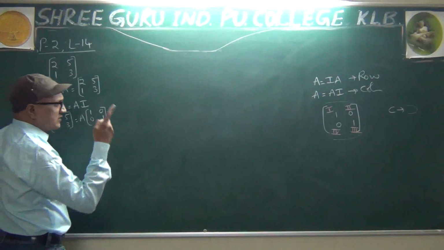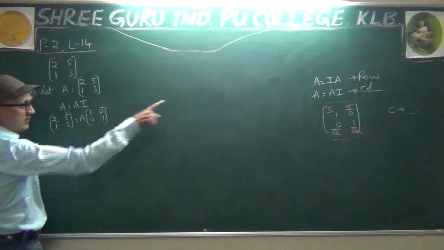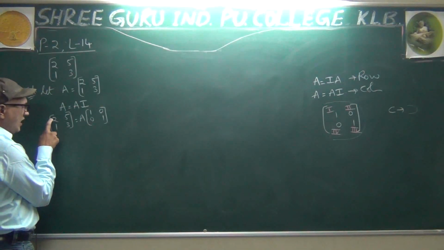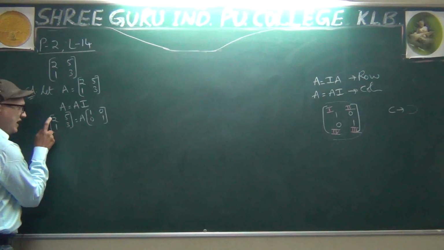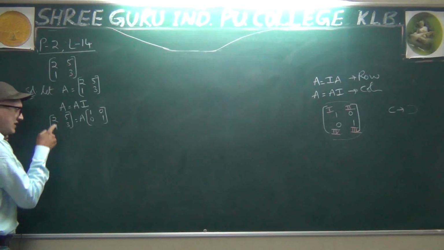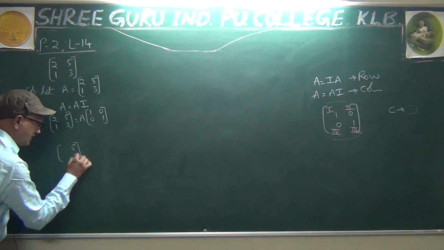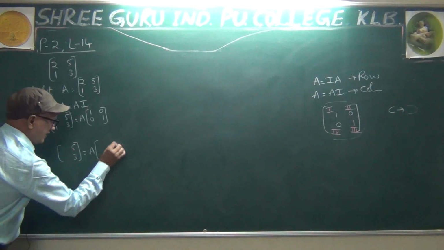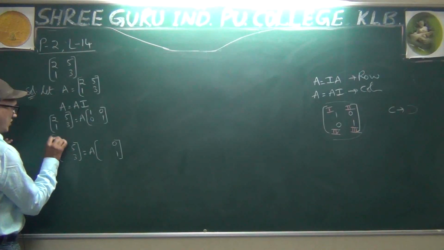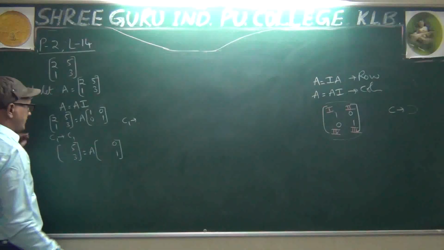Okay? So as per column operation, Roman letter 1 is 1. At this place we want 1. Where is it? It is in the first column. Nothing happened to the second column. So the first column we are changing. How are we changing the first column?